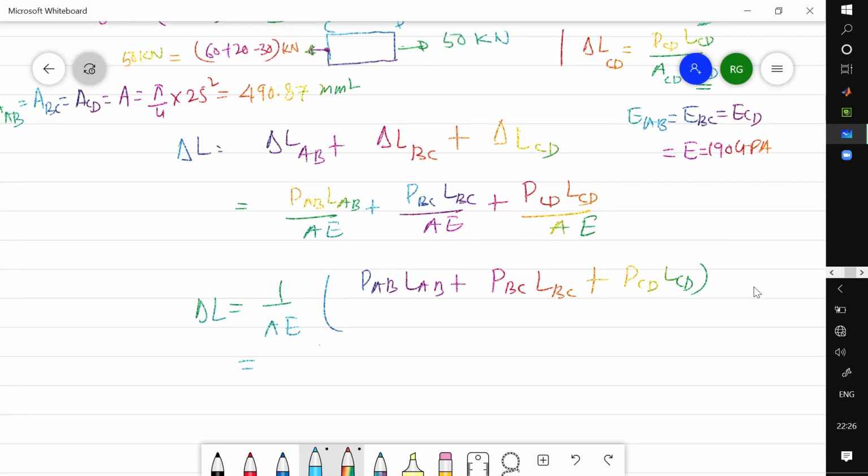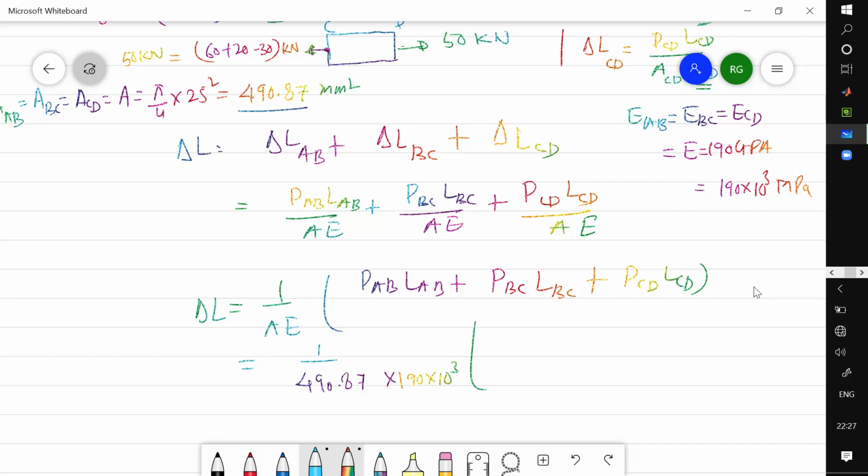Then this becomes 1 by 490.87 and Young's modulus 190 GPa, so we can write 190 multiplied by 10 raised to power 3 MPa.